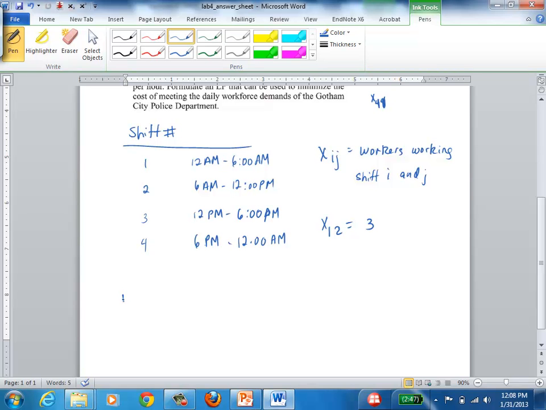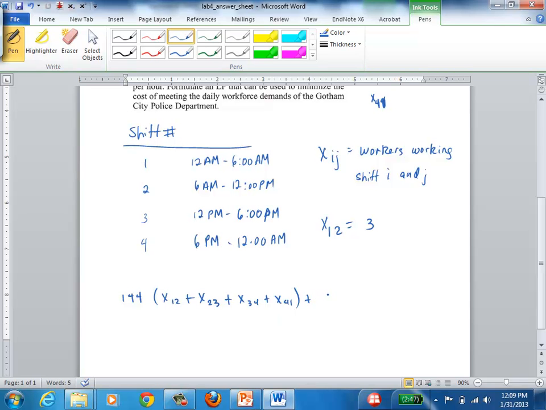For those that have shifts in a row, you'll pay $144 because they're working 12 hours at $12, and those are x12 plus x23 plus x34 plus x41. Does that make sense?